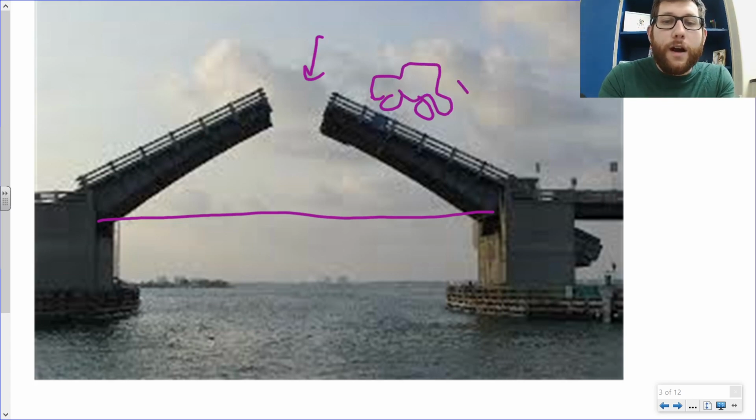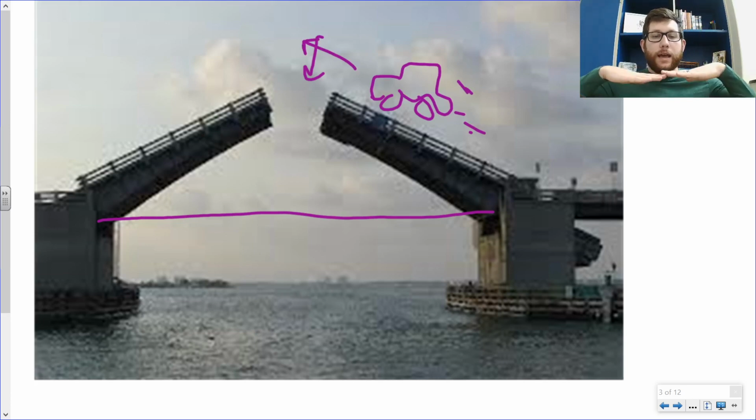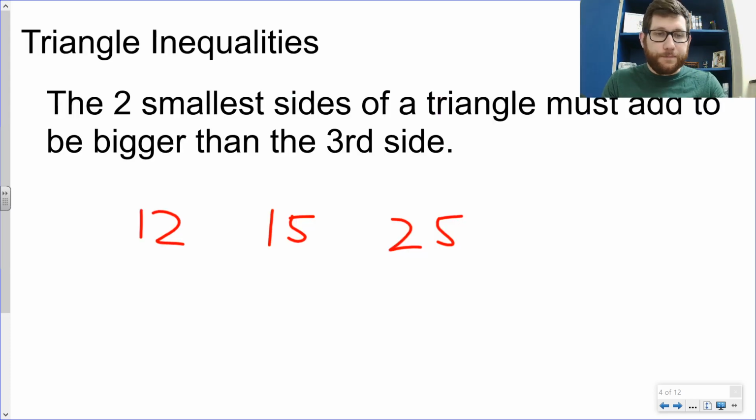All right, they take their car and they're like trying to ramp it off the drawbridge to land on the other side. You get the idea, okay? But the idea here is that these added up together would be equal to the bottom side, okay? And when they come down, they come together, but when they go up, they never make a triangle. So again, this is just a real world example of where we see triangle inequalities.